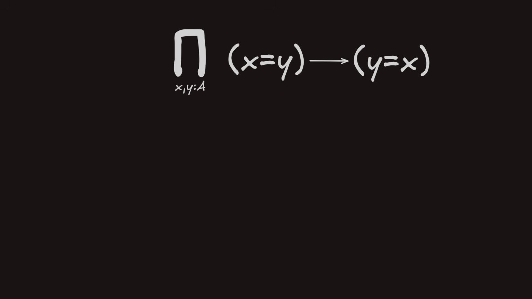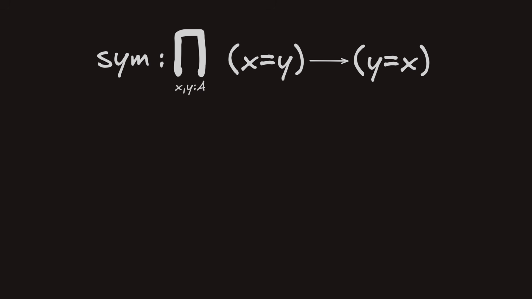We want to construct a function that, given the terms x and y in A, returns a function that maps a term in x equals y to a term in y equals x. Let's call this function sym, since it proves that equalities are symmetrical.